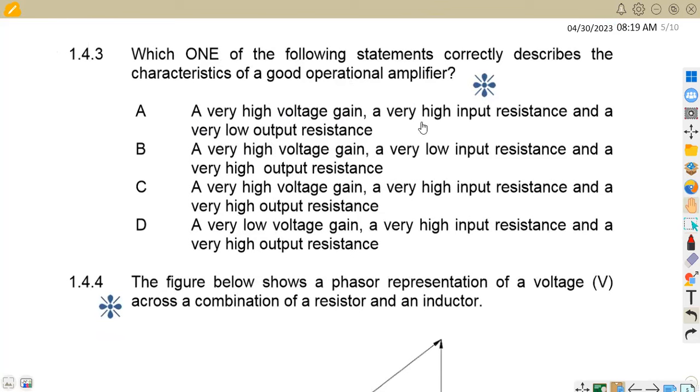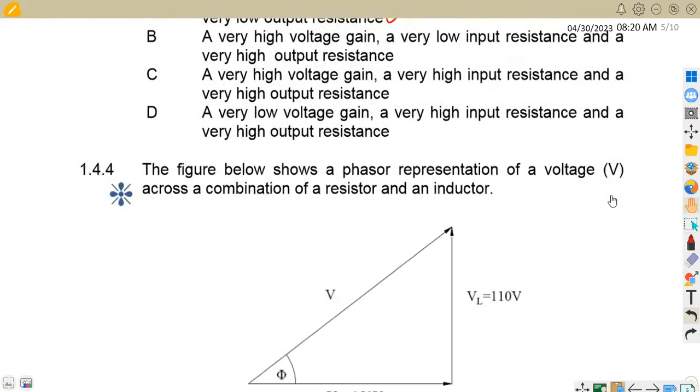All right, which is true, which is correct. A very high voltage gain, very low input resistance, which is wrong. And a very high output, which is wrong. A very high voltage gain, very high input resistance, and the output is supposed to be low. A very low voltage gain is wrong. So the first part here is the best answer. That is the one that you're going to have.